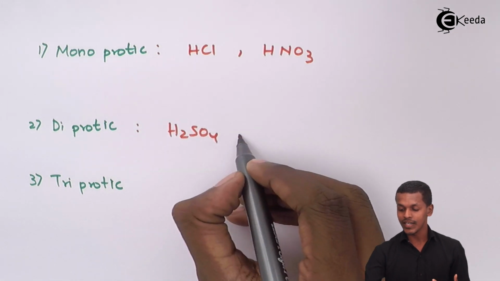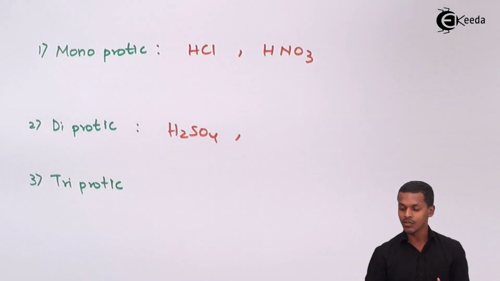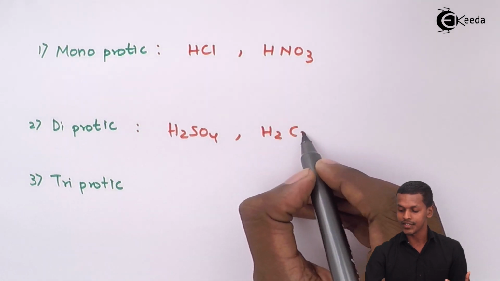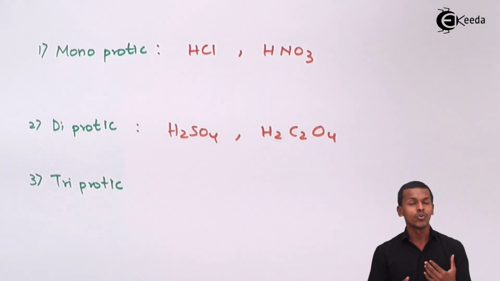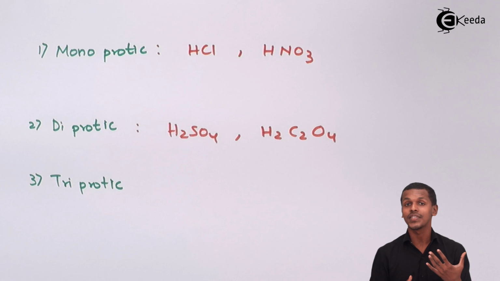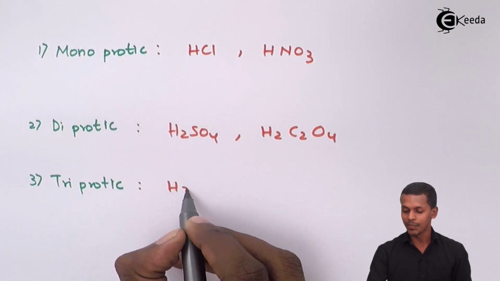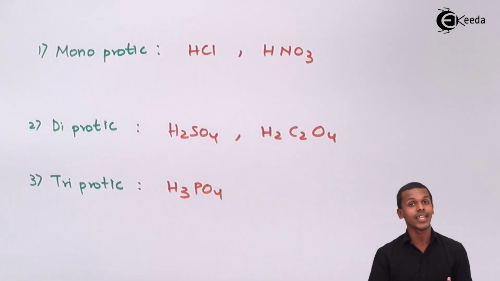Oxalic acid is another one that produces 2 moles of H+ ion on dissolving in water. And triprotic acids are acids that, when dissolved in water, produce 3 moles of H+ ion, and that is why they are called triprotic. The example is H3PO4, phosphoric acid.